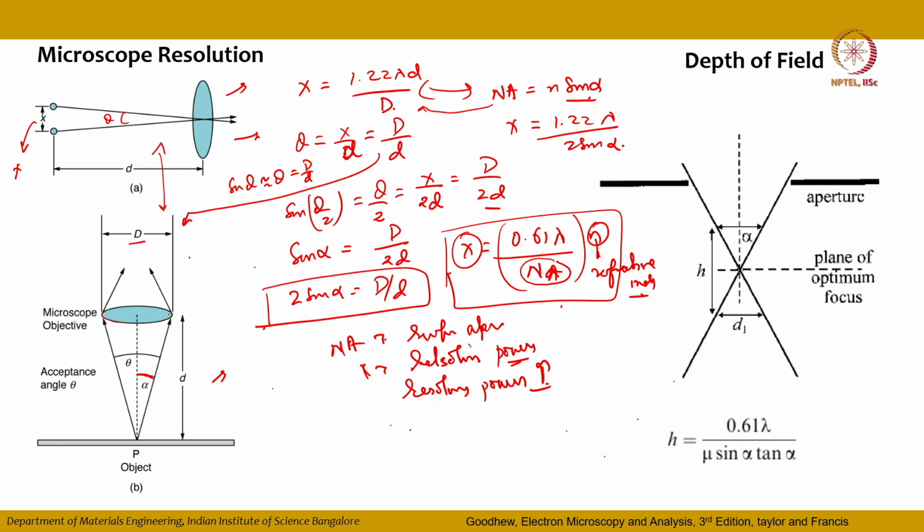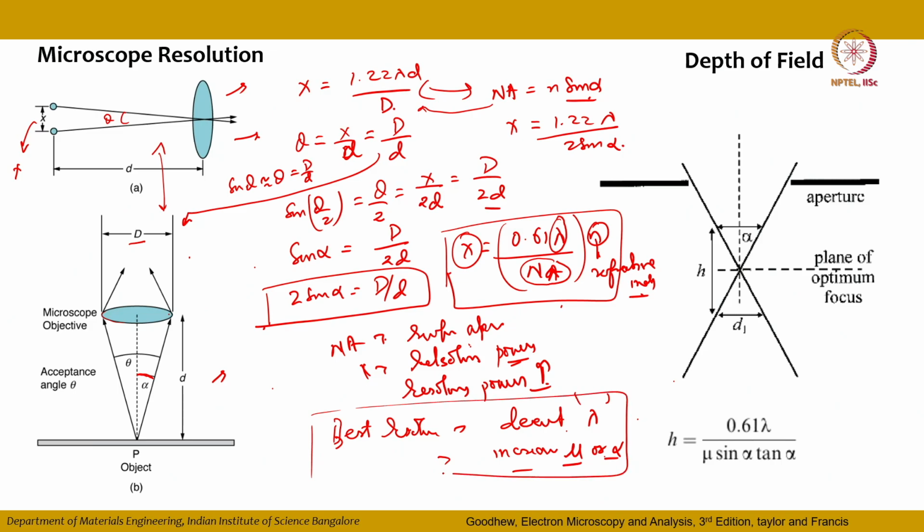So you can see that the best resolution is achieved when you decrease lambda and increase the refractive index or alpha. Best resolution means x should be smaller.